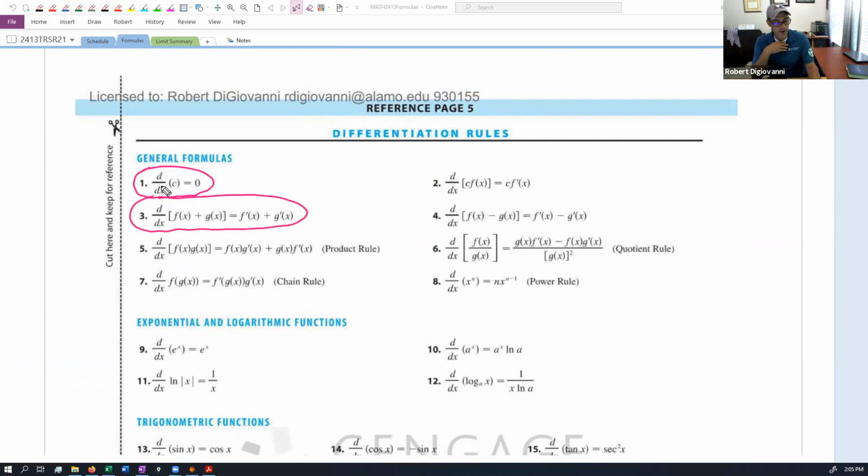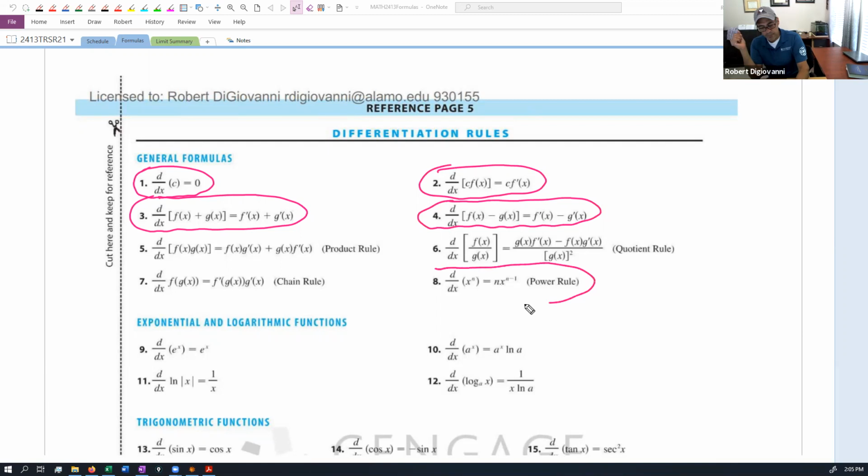The derivative of a plus in between two functions, you can split up into 2. This is the constant multiple rule, that constants come for the ride. This is the rule that says that if you have subtraction between two functions, you can do them separately. And we did the power rule, which is this one. We have not done 5 yet, we have not done 6, and we have not done 7. That's the next section, which we're going to do today.